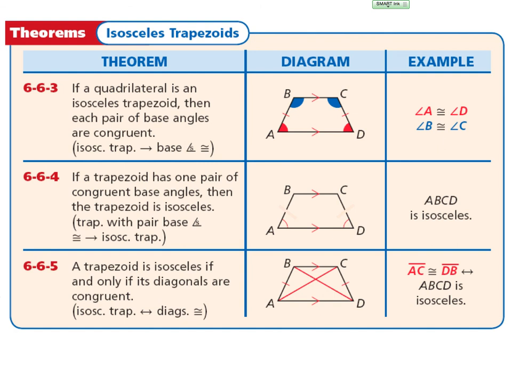The second one starts with a trapezoid that has one pair of base angles congruent, then you can identify it as isosceles. Why they probably didn't put those together as a biconditional is on 664: if you just have one pair of base angles congruent, it works, and the top one mentions both pairs of base angles.